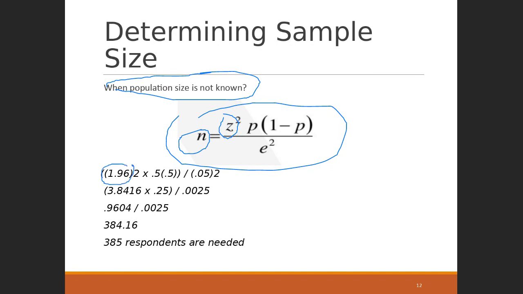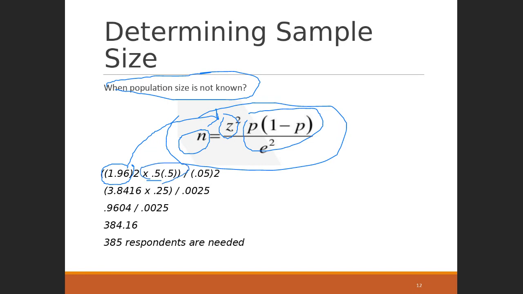P is basically population proportion. Population proportion is usually set at 50% unless otherwise specified. So we will be using 50% here, so 0.5, and 1 minus 50% is again 0.5.